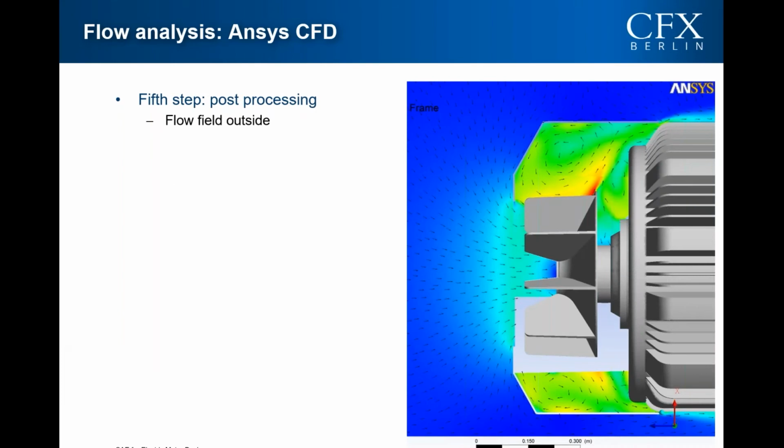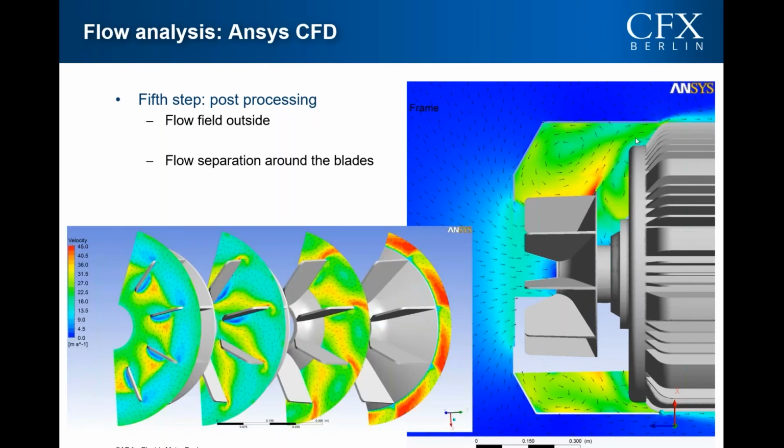In the post-processing step, we can finally have a look into the calculated solution. Let's start with the flow outside through the cowling. Due to the direction-independent fan design you can see here, we do not have a perfect flow, as can be seen in the areas of flow separation at the blades.